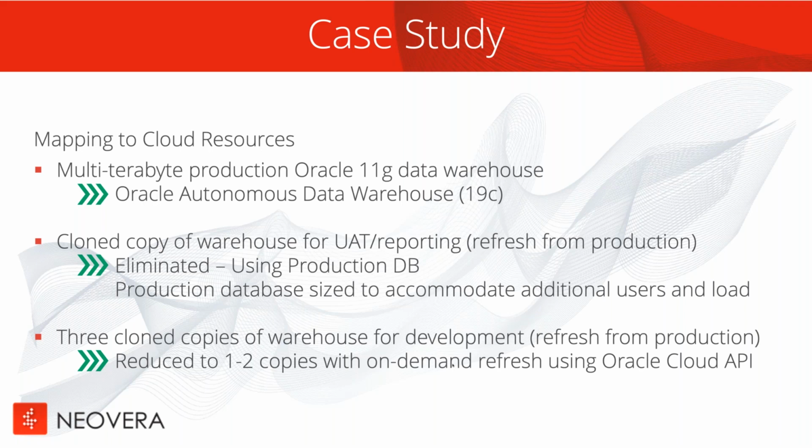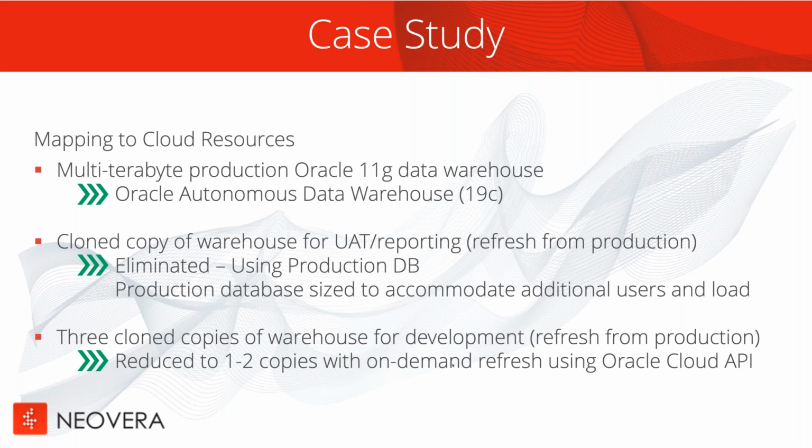In addition to all the ETL stuff, we could consume the UAT and the reporting needs all with that same database. They weren't impacting each other. So in this case, we actually were able to eliminate an additional production database, or eliminate that UAT reporting, and utilize the current production.